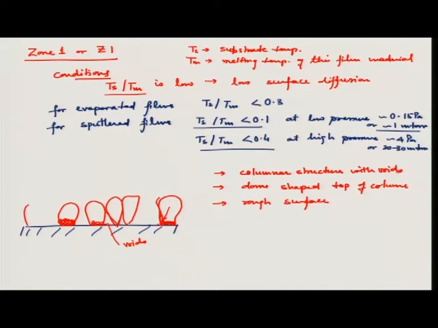So, it will be like this. It will be columnar growth with dome shaped tops and a lot of voids.